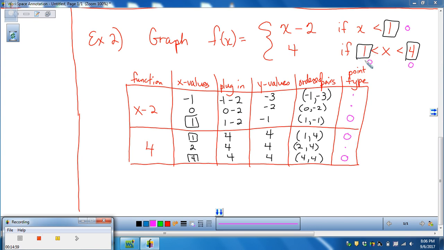It's one of my critical points. It's an open circle because there's no equal. (4, 4) was also one of those special points, so it's an open circle because there's no equal bar. And (2, 4) was just a point in between, which is just a regular point. Now we're ready to graph these. So go ahead and see if you can graph this and then check it in a moment.